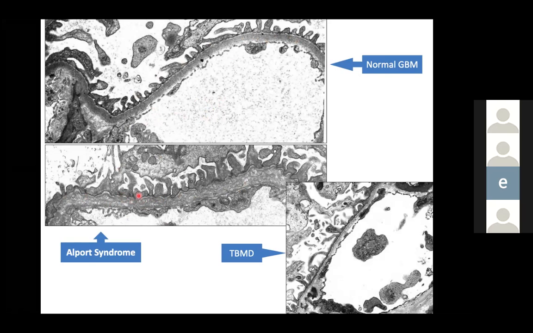I see the outer side is kind of scalloped. It has some mountain-like things on the outer side. It has these holes. So these kinds of morphological changes in a case which is immunofluorescence negative and not responding to your classical treatment for FSGS, one could suggest that this probably was Alport's disease.